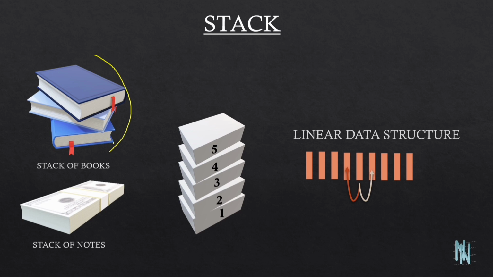So what does this refer to? It refers to an order. That order is LIFO. LIFO means last in, first out. Whatever we put goes to the last, and when we take a book, it is from the top. So last in, first out, or the reverse is also true.